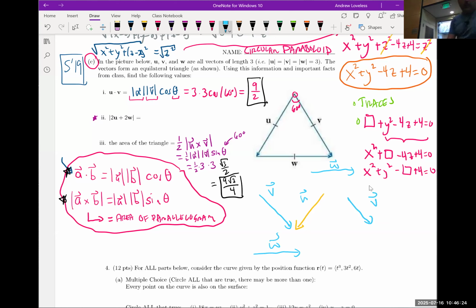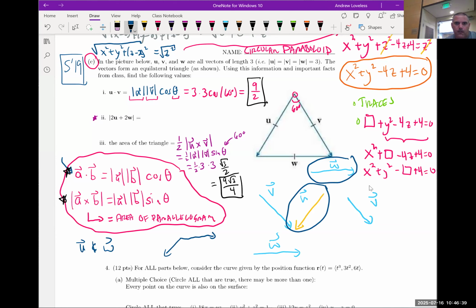And so if I was talking about U and W, and I wanted to know the angle between them, I would want to grab the W vector, grab the U vector, and put them tail to tail. Now, when you do that, what's the angle between them? It's not 60 degrees.